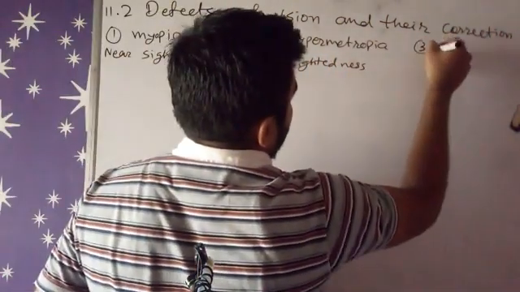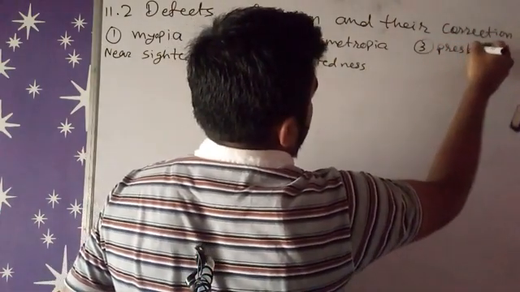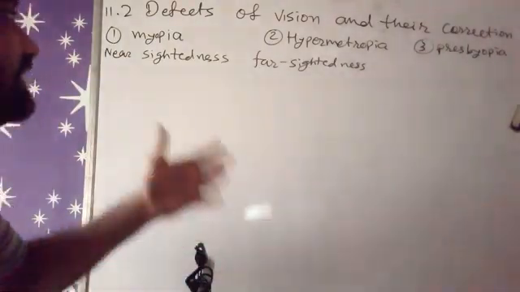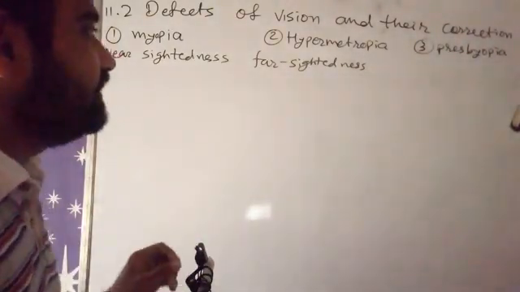And third is called presbyopia. So these are the three defects of vision and their correction.